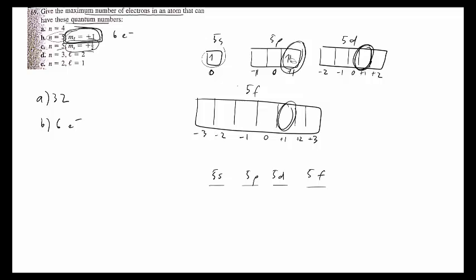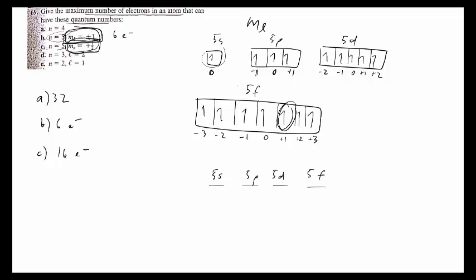Okay, it could be 1 there, there, there. It could be anywhere because they didn't specify that. So it could be in any one of these orbitals here, here. But they did specify the spin, so it's only a clockwise spin. So it's the same number as there are orbitals, so that would be 16.